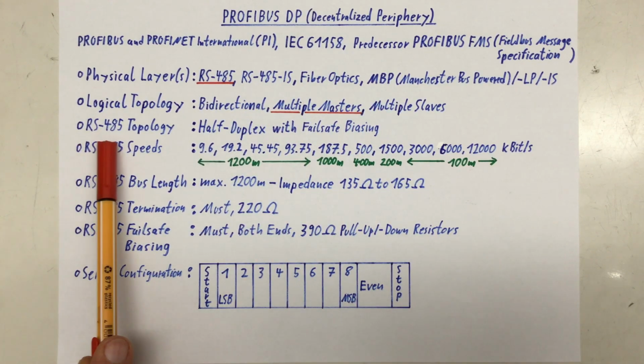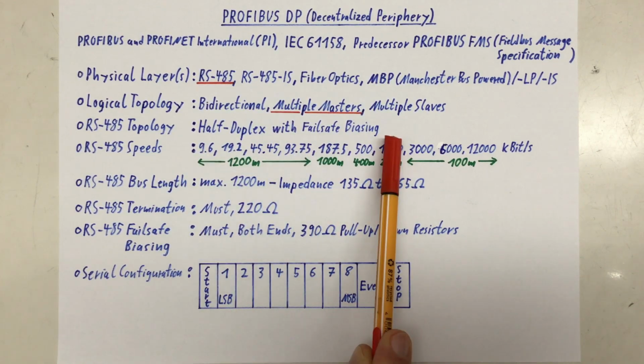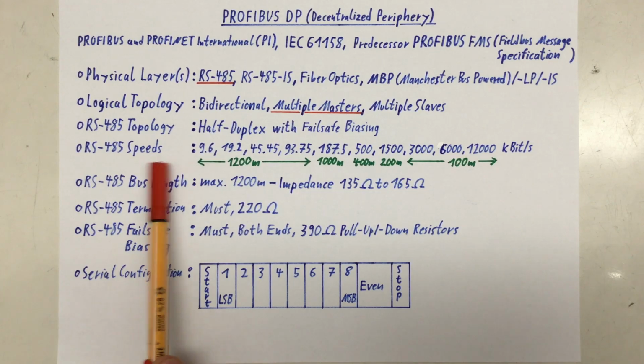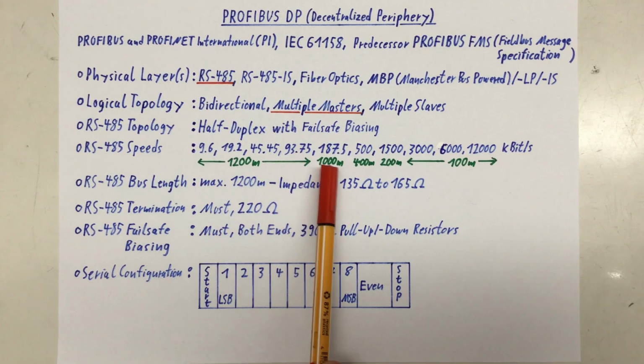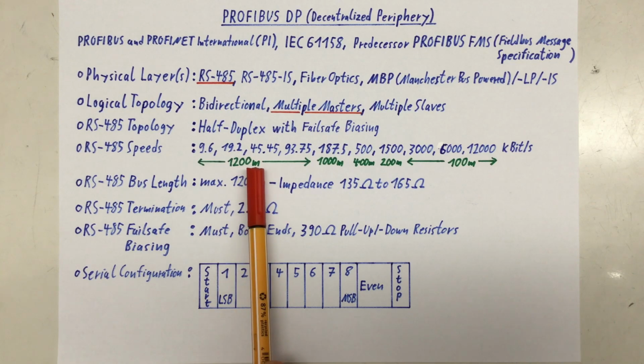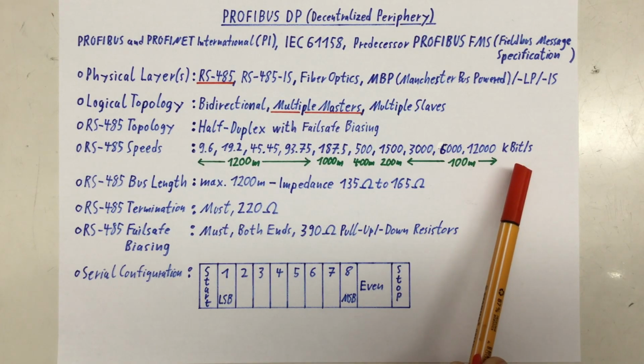The used RS-485 topology is half-duplex with failsafe biasing. Possible RS-485 speeds are: up to 1200 meters, 9.6, 19.2, 45.45 and 93.75 kilobits per second.